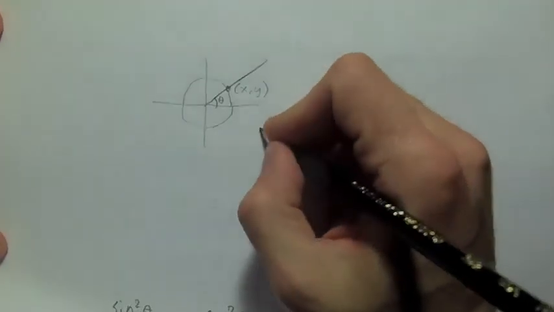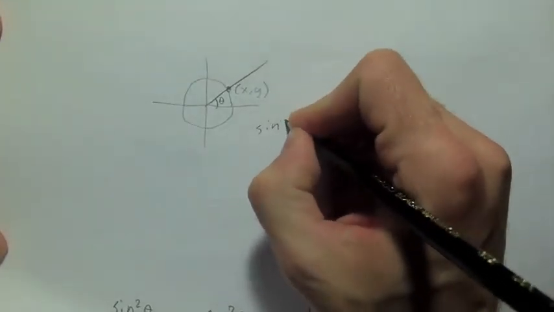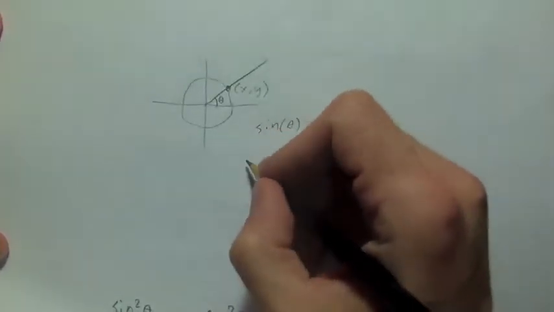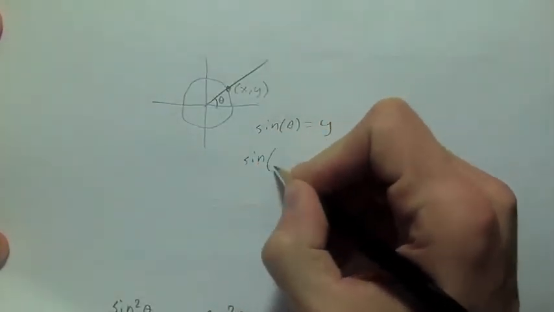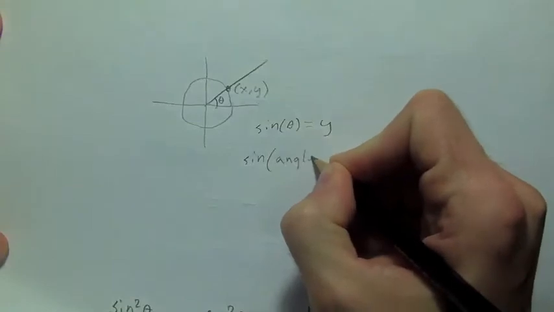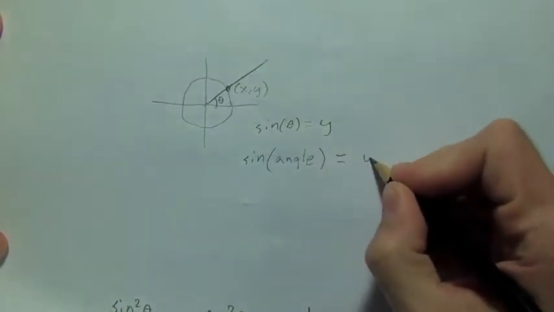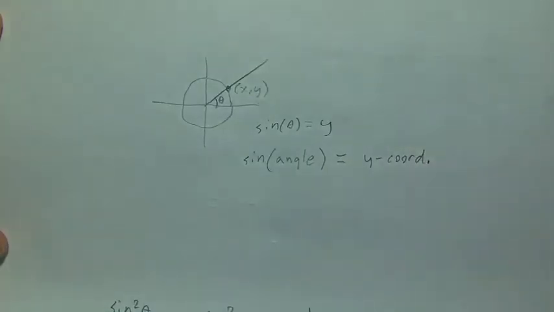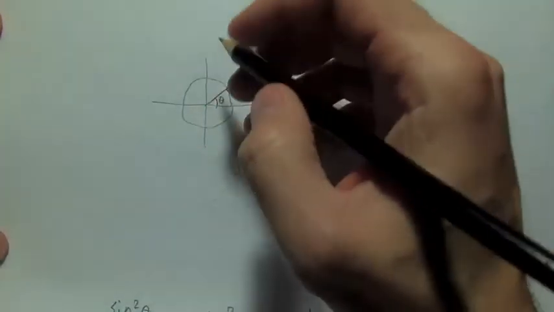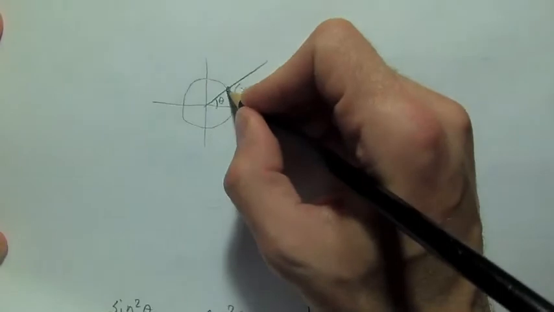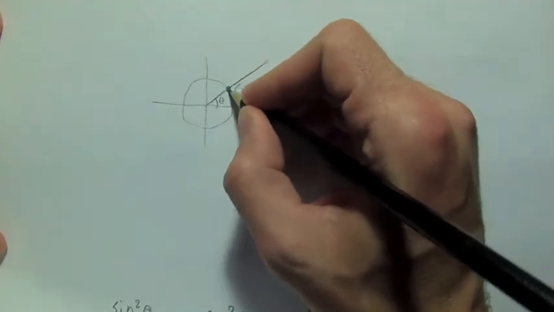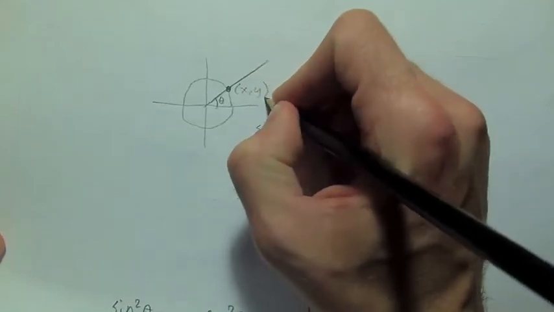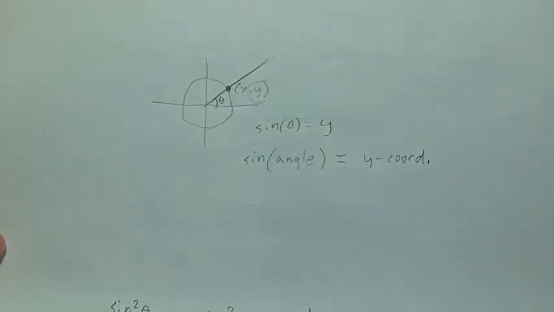Say, for example, sine of theta is equal to y. So basically, we give sine an angle, and it gives us the y coordinate. We give it an angle, say theta, and we get a point for each angle, x comma y, and it tells us the y coordinate.